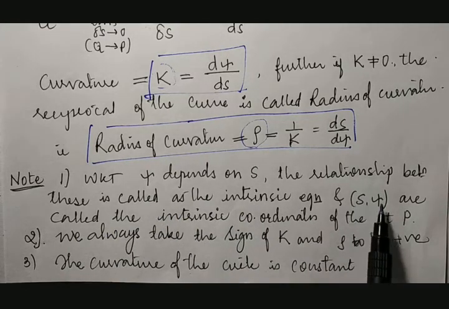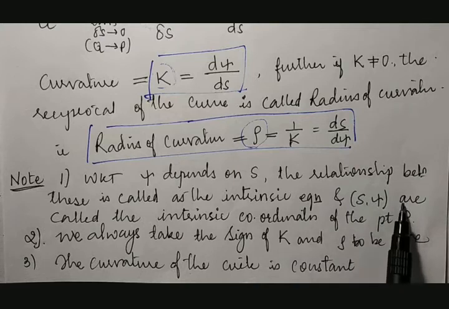Therefore, psi and S together are called the intrinsic coordinates of point P. Second, if K is mentioned, it is curvature. If the rho symbol is mentioned, it is radius of curvature.